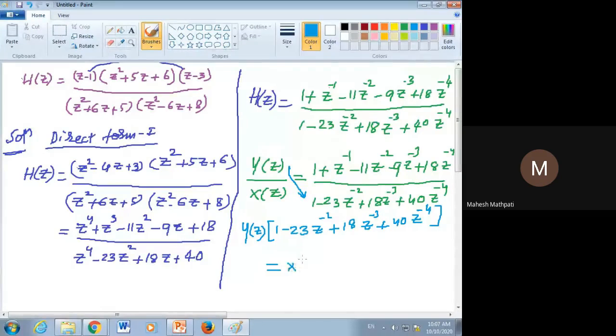X of Z is multiplied with, तो इसके साथ मल्टीप्लाई करना है हमें, so it is 1 plus Z power -1 minus 11 Z power -2 minus 9 Z power -3 plus 18 Z power -4, right?